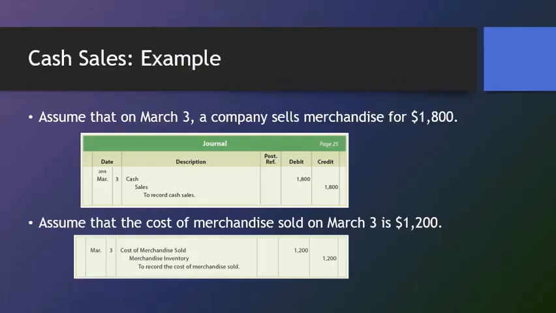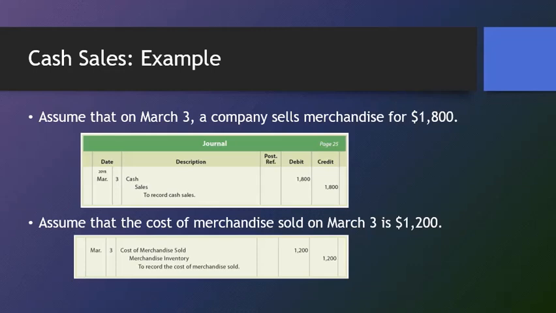So let's take a look at what happens when we sell merchandise, okay? Now, in this example, we're assuming that we sell in exchange for cash. But I can tell you that the basic process is pretty much going to be the same regardless of whether we sell for cash or whether it is an accounts receivable, okay?